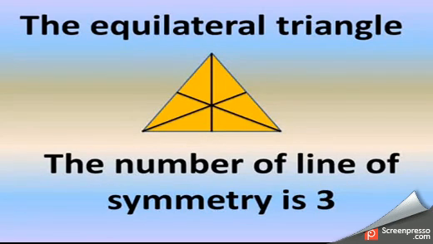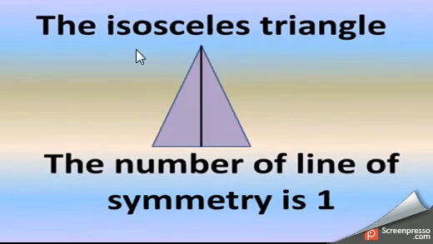Okay, how many lines of symmetry does an isosceles triangle have? We will see now. In the equilateral triangle, it was 3. In the isosceles triangle, if I draw a line segment from the vertex to the midpoint of this base, we get two equal sides.